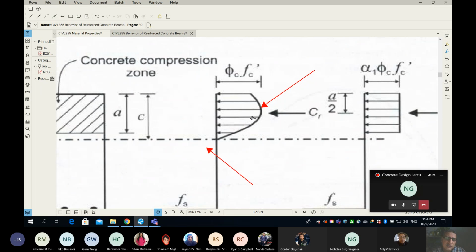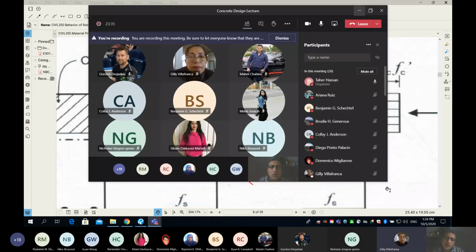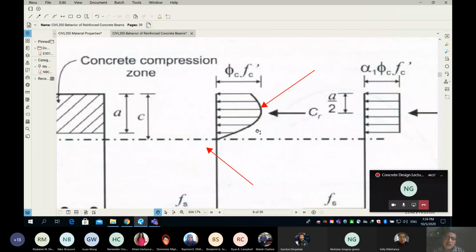Did you learn it in any math courses? Is it easy to find the centroid of the parabolic shape? No. Okay, thank you. So yes, the centroid of the parabolic shape is not really easy.